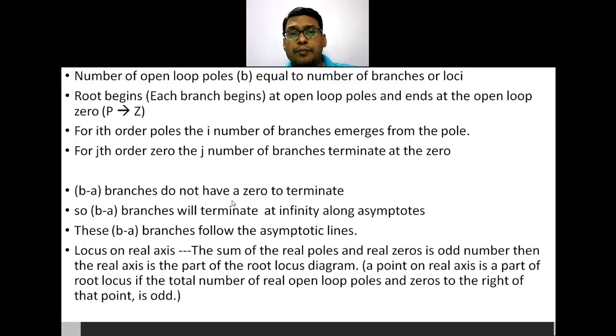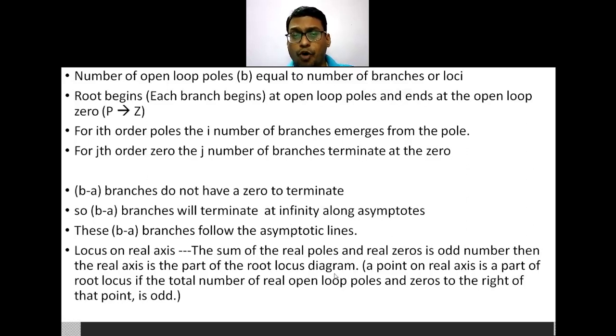P पोल टू 0. बचे हुए जितने पोल्स हैं B minus A poles, they will follow the asymptotic lines. So the locus on the real axis, if the sum of real poles and real zeros to the right is an odd number, then the real axis is a part of the root locus diagram.